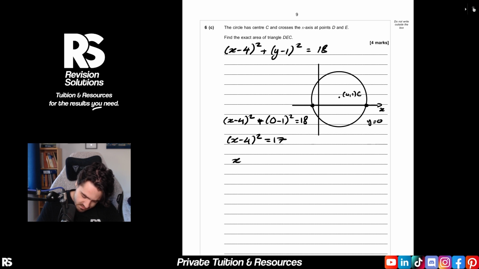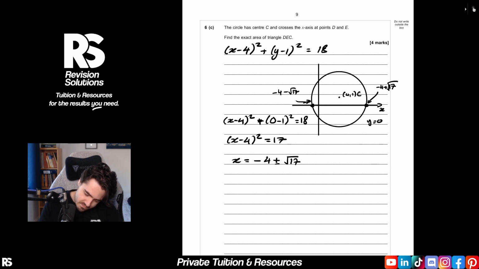So x is going to equal 4 plus or minus the square root of 17. So this coordinate here must then be 4 minus root 17, and this coordinate here must be 4 plus root 17.